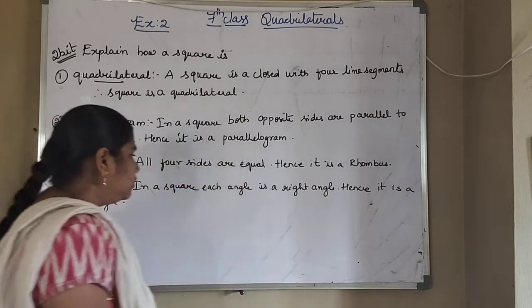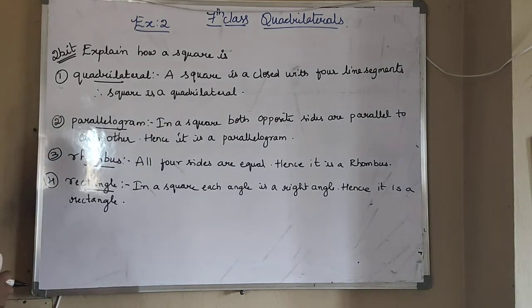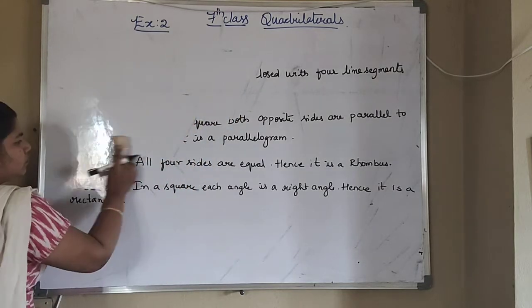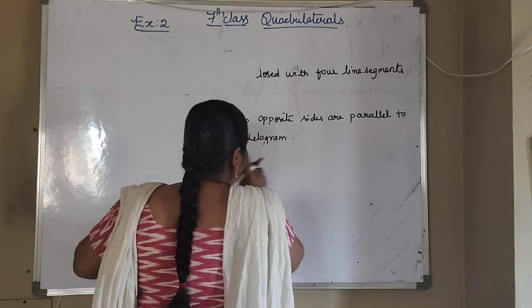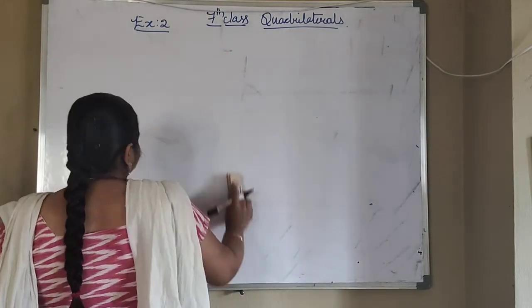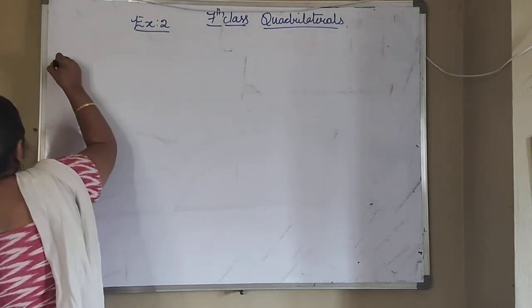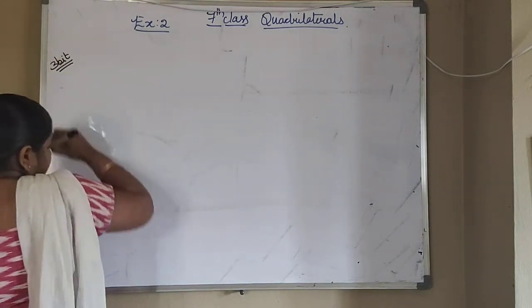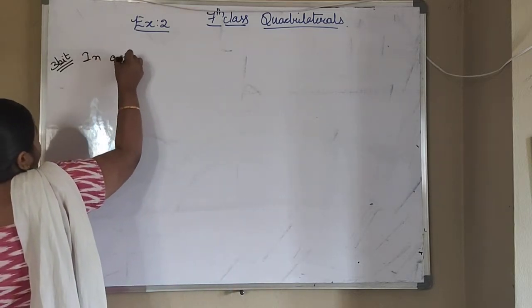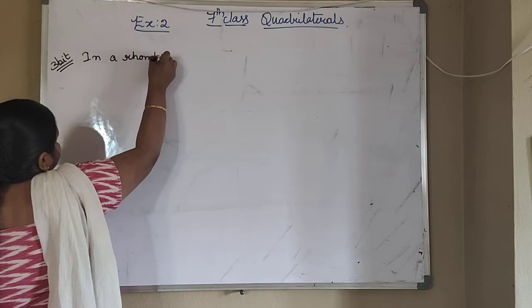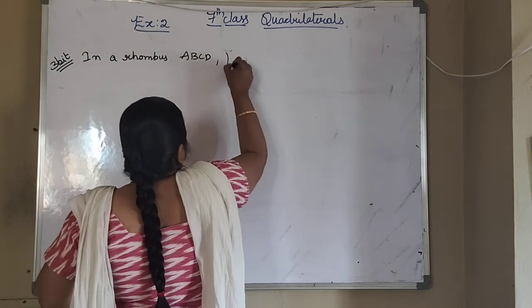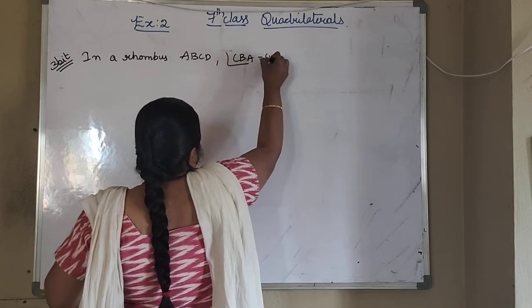Okay, so next one, the third bit we will start now. What is the third one? In a rhombus ABCD, angle CBA is equal to 40 degrees.